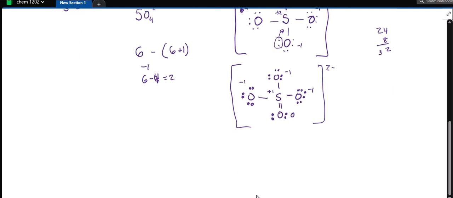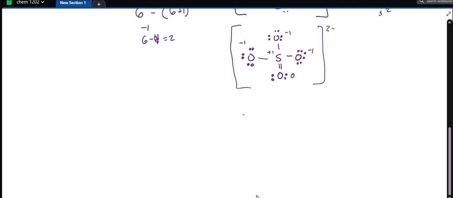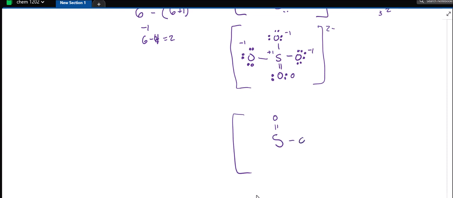What if I move yet another pair of electrons in? Now each of these oxygens has a formal charge of -1, but these oxygens have a formal charge of 0, and the sulfur has a formal charge of 0.